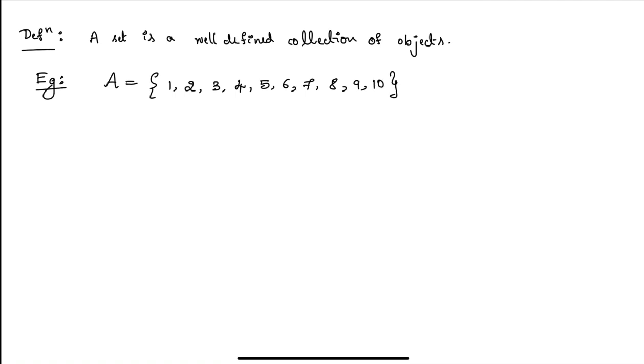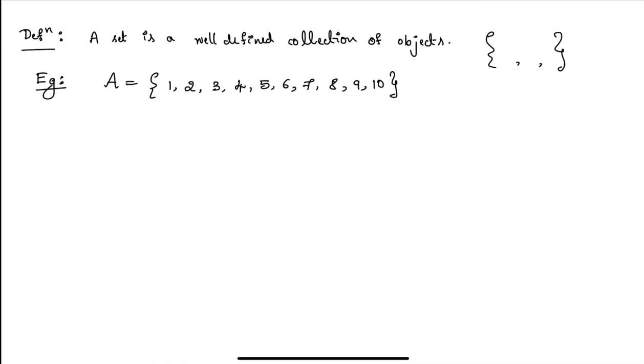I'm collecting these numbers. You can see here we are writing the objects we are collecting inside brackets, flower brackets, as we normally call them. So a set is written in this form. We separate its elements using commas.